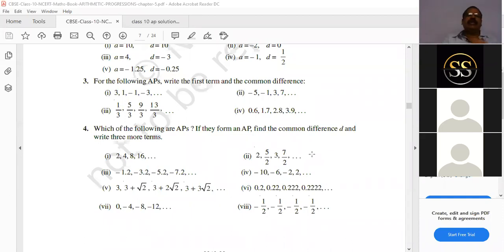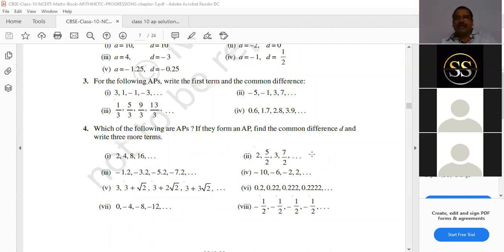Now, can you tell the next 3 terms? Litish Reddy, next 3 terms you have to say. You tell for the second bit only.